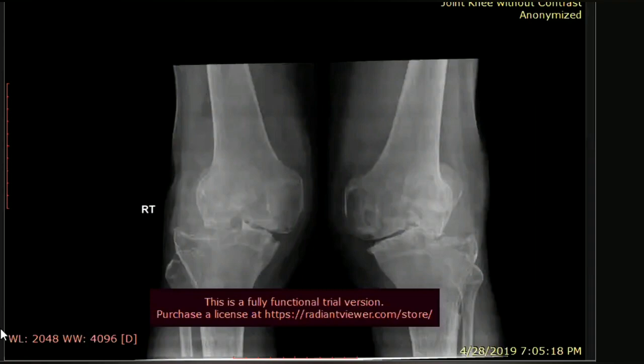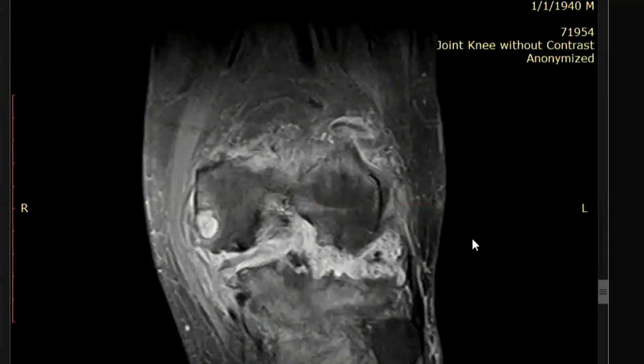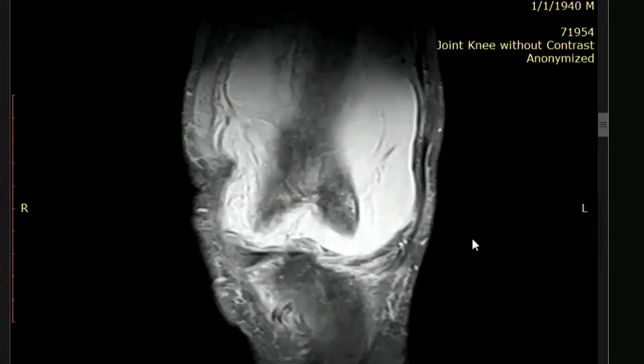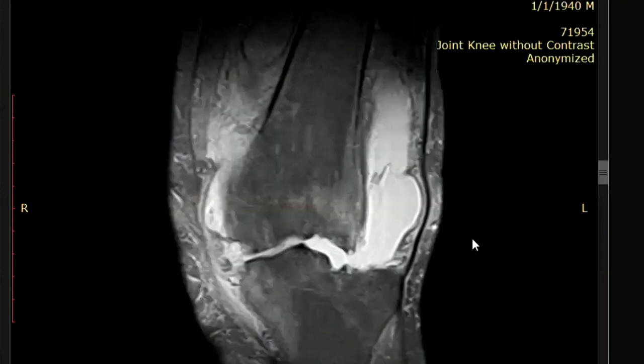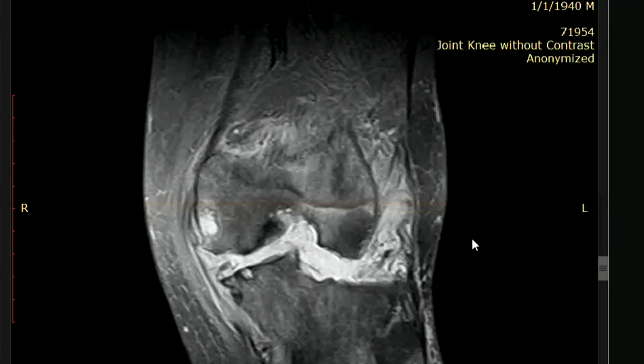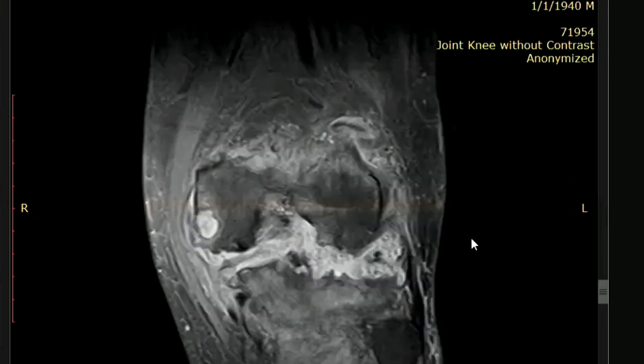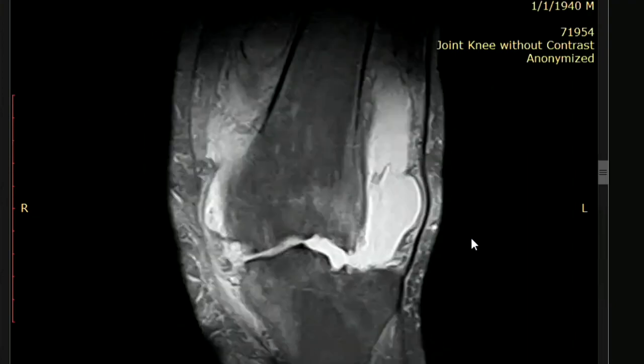And then usually they don't show MRI. There is a moderate amount of knee joint effusion, and I can see again extensive erosive changes along the articular surfaces, more so along the lateral tibial plateau. There is significant loss of joint space and a few subarticular geodes.